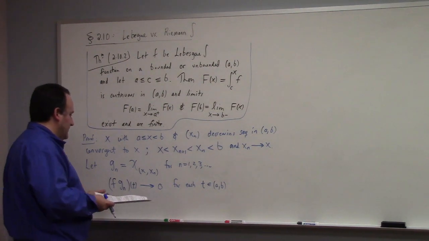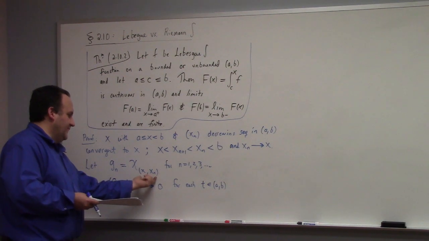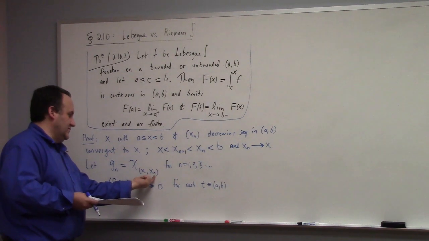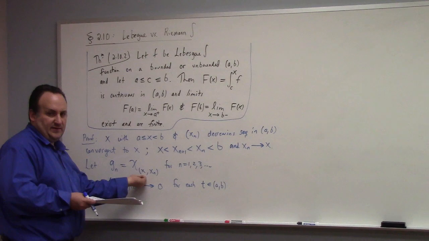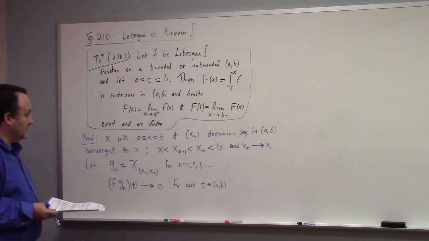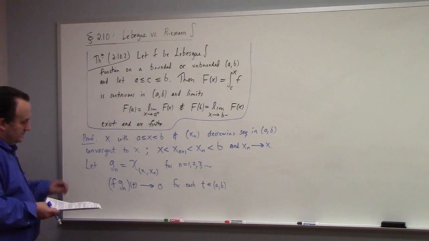So what happens as n goes to infinity? As n goes to infinity, this interval shrinks to just the point x. The characteristic function is supposed to be going to 0 as we approach the single point x.